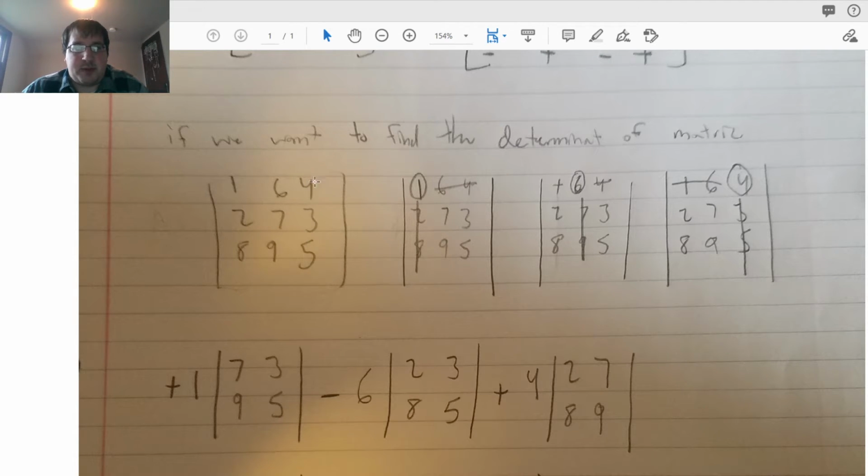You might actually want to pick this column because you would get 0, 0, and you'd only have to find the value of this single output. So we would just remove this row and this column, find the determinant of this matrix times the 2. That makes sense. But in this example, they're equally difficult, so we just figured we'd start at the 1.